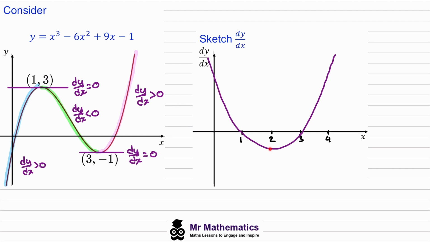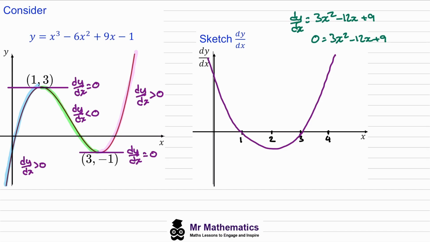And we can see how this works. If we differentiate y with respect to x, then dy by dx will be 3x squared minus 12x plus 9. And we can check the coordinates of these roots by making this equal to 0. So 0 will be 3x squared minus 12x plus 9.